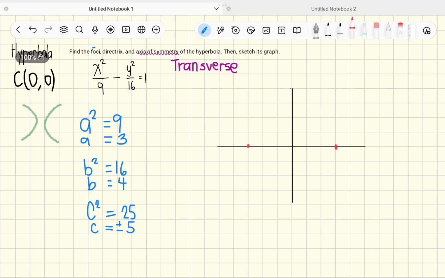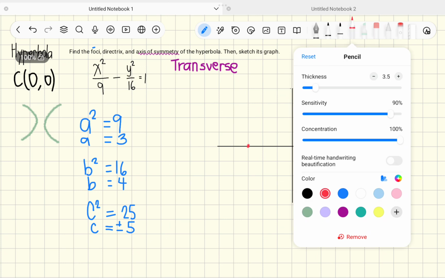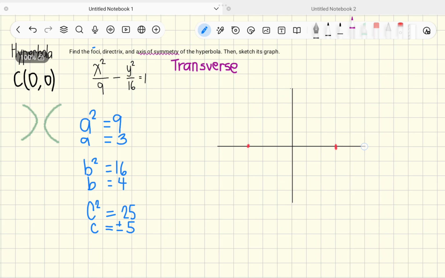Then the focus will be the value of c, so 5 units from the center. Since this is already 3, we need to move 2 more: 4, 5. One focus is here, and the other is here.